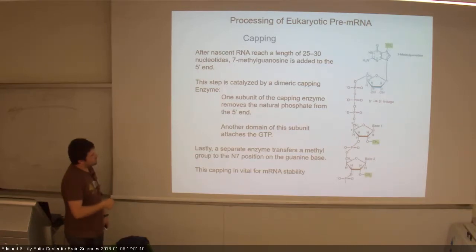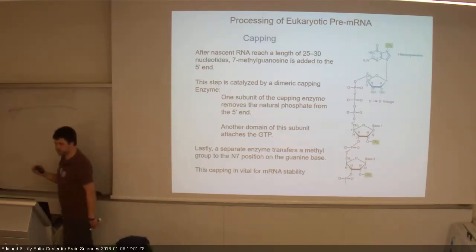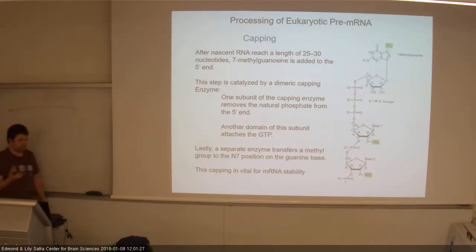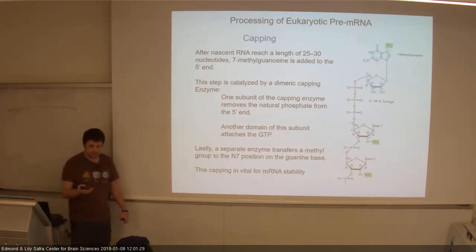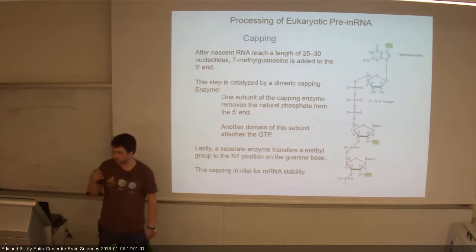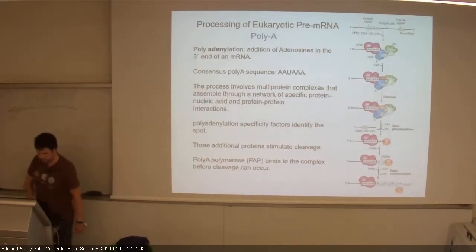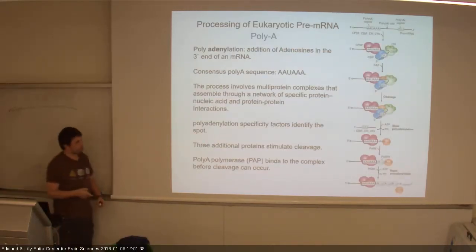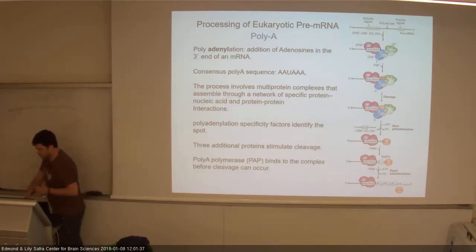And lastly, a separate enzyme attaches a methyl group, you see, this is a methyl group, to the N7 position of the guanine base of the GTP. And this capping is vital for mRNA stability. For example, mRNAs that are not capped are rapidly degraded in the cell. The second type of processing happens at the end.